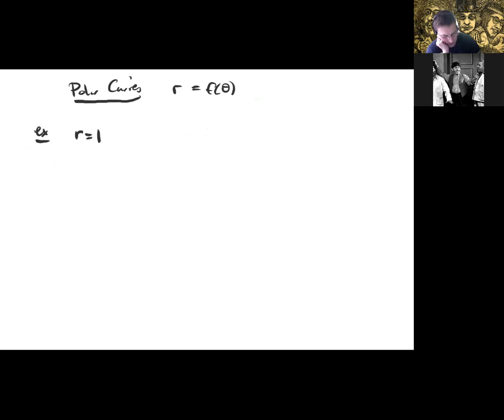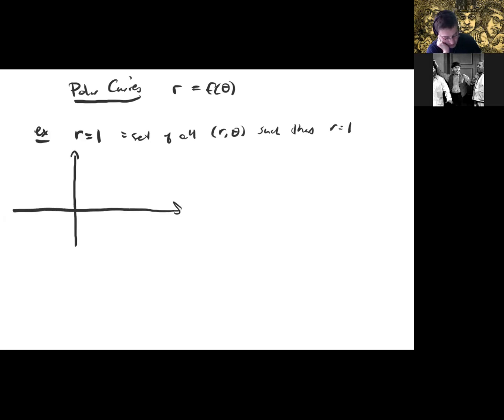What does that mean as a polar curve? This is the set of all pairs r and theta such that r equals 1. So theta doesn't matter at all. We're looking at all points a unit distance from the origin, so that's a unit circle centered at the origin.